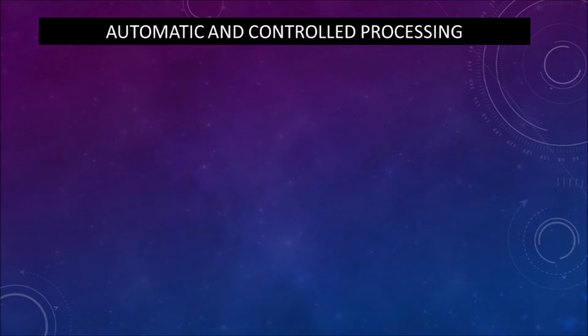Now, the automatic process, as compared to controlled process, involves little or no intentional effort, and generally occurs outside our conscious awareness, and does not use too many attentional resources. So it is not very demanding related to attentional resources. In automatic processes, multiple operations can occur simultaneously, and that's why it's also relatively fast.